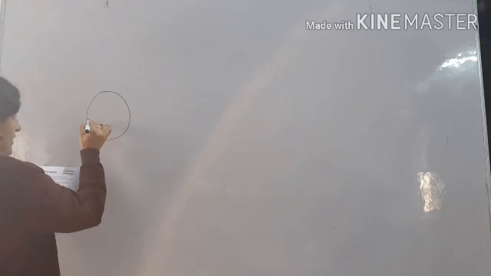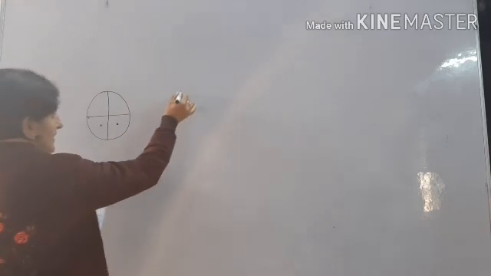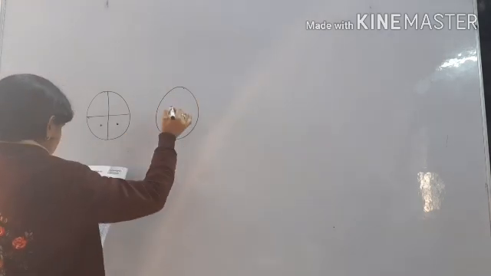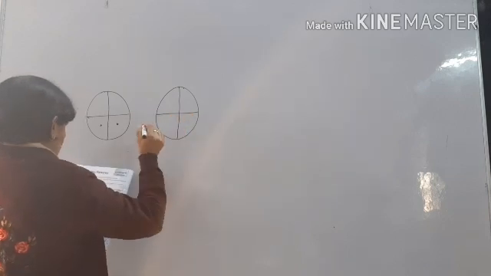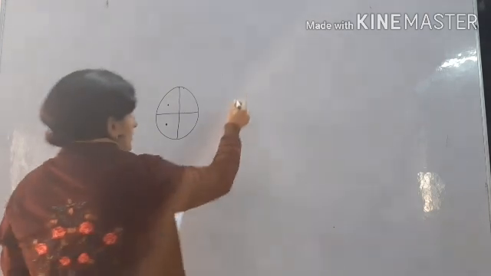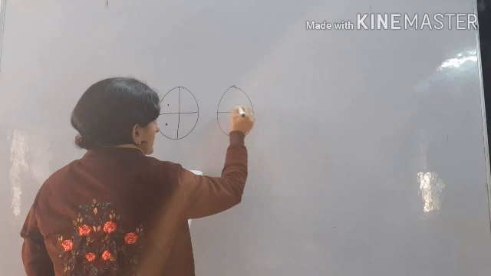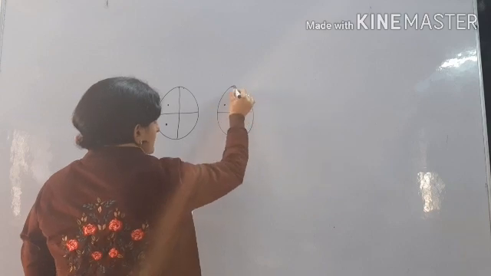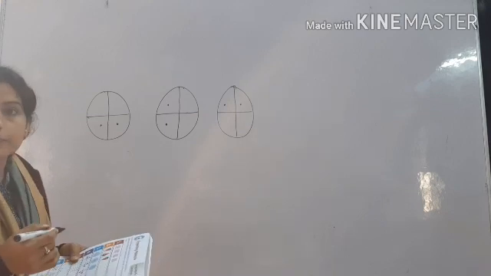First we have been given like this. Second is given like this. Third is given like this. So we have been given this type of shape, okay.